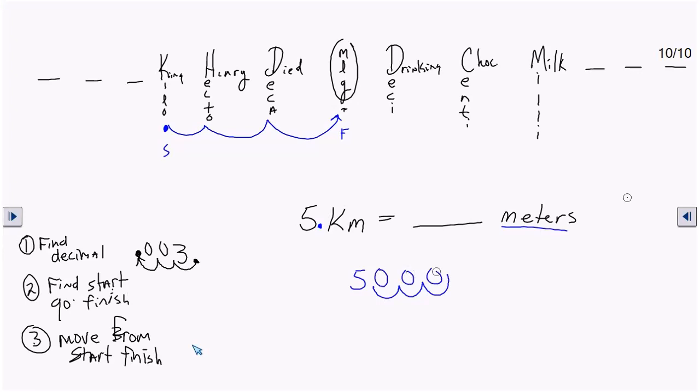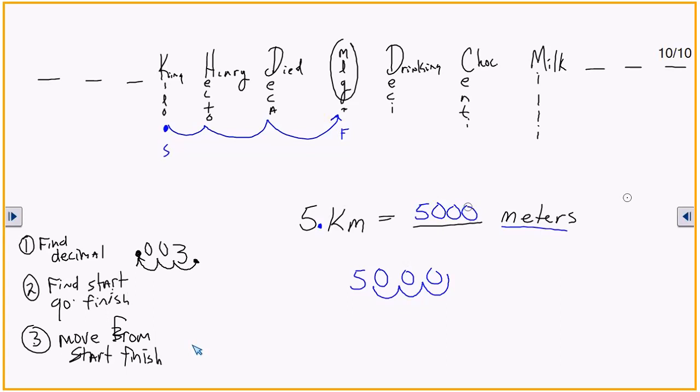So 5 kilometers equals 5,000 meters. So when you're talking about changing from metric to metric, it's not that big a deal. You just use King Henry Died Drinking Chocolate Milk. You find your starting point, you find your finishing point, and you move that decimal the same direction and the same amount of spaces as your start to finish. And that's how you change from metric to metric.